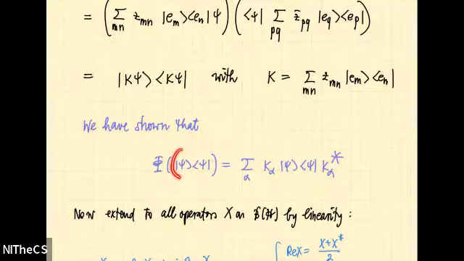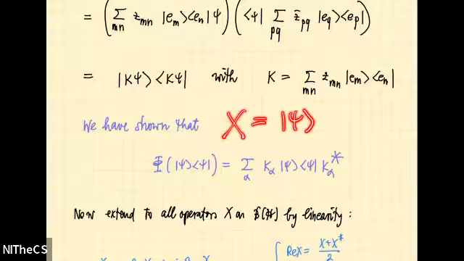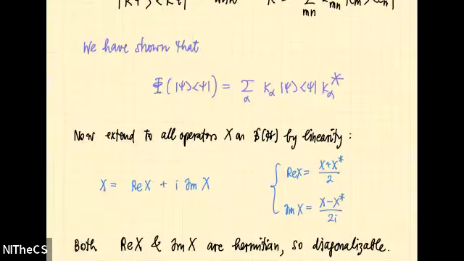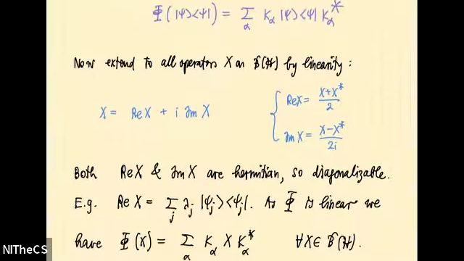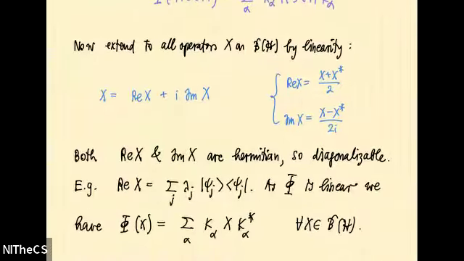I have shown it for special operators x, which are of this rank 1 orthogonal projection form, but that's not a big deal because of linearity. And this is a good trick that you should keep in your hearts for later use. It's often very useful. Maybe you haven't seen this, so let me do this here.